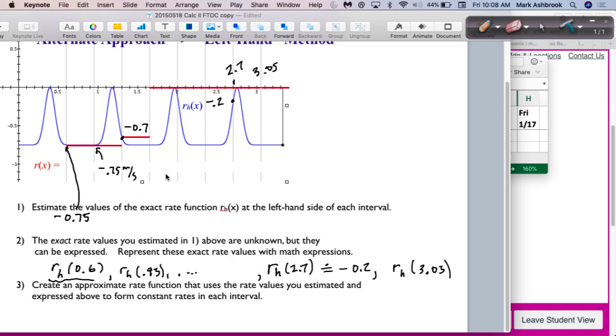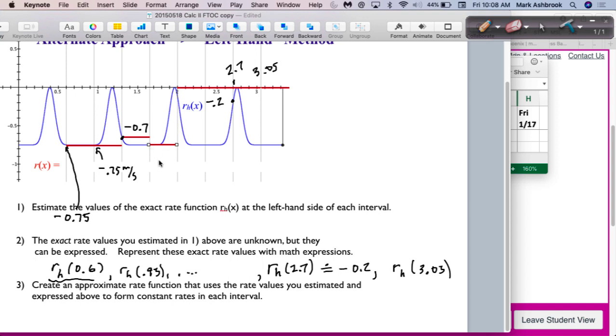Next interval. The rate at the left side is? Negative 0.75 again, right? I'm looking right there.